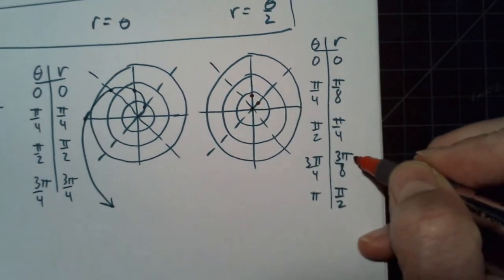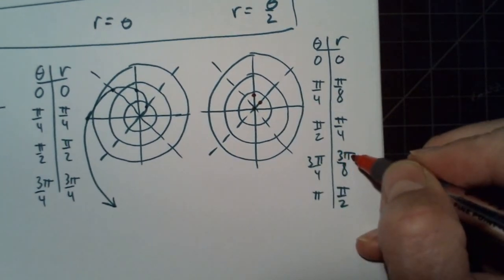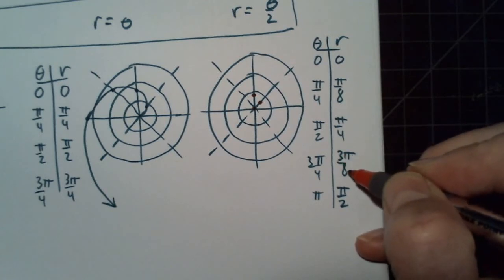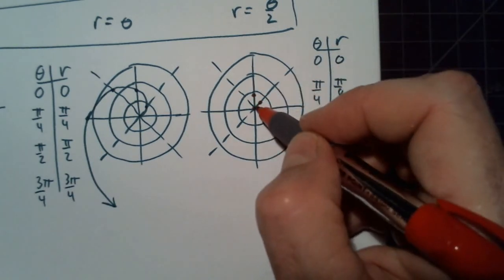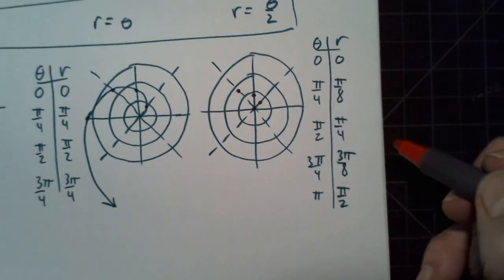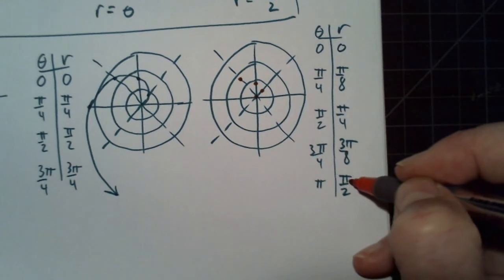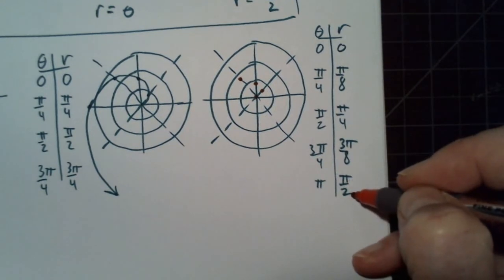And this will be 12 over 8. So that's going to be 1.5 approximately. At 3 pi over 4 we go to about 1.5. And at pi we're at 3/2.